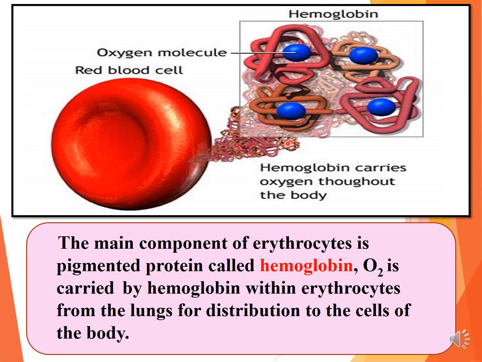It is important because it carries O2 from the lungs for distribution to different cells and different tissues of the body. إذا الوظيفة الرئيسية للهيموغلوبين هو نقل الأكسجين من الرئة إلى المناطق الجسم المختلفة من الخلايا.